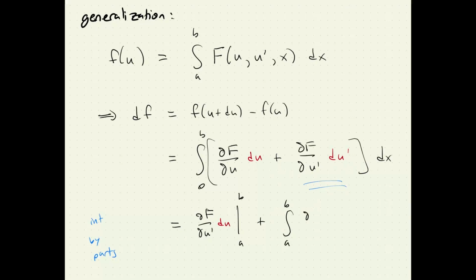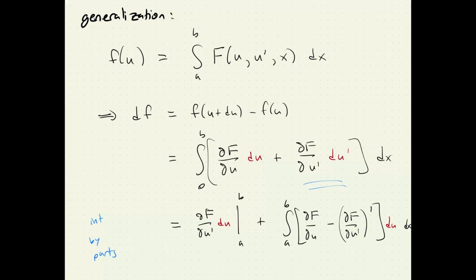And then there is a term that looks like df du. And there's another term that looks like, with a minus sign, d/dx of df du primed, multiplying du times dx. Again, du is my small change, a du of x.